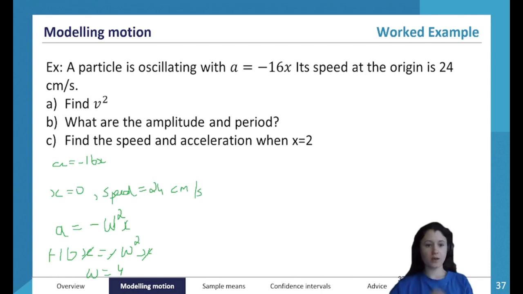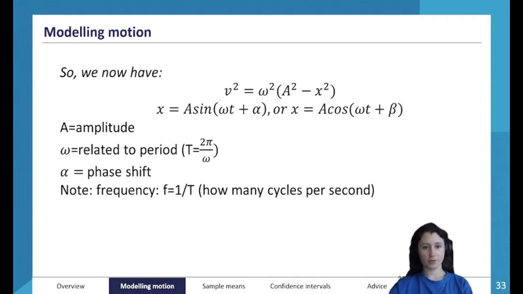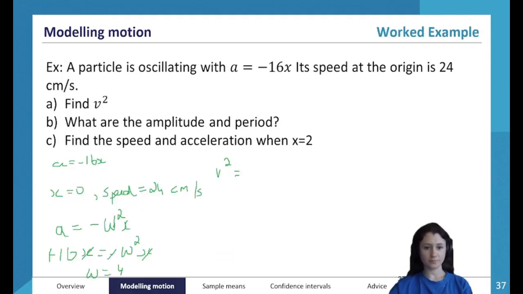So, the first part of the question asks us to find v squared. Let's go back to our formulas. We know that v squared is equal to angular velocity squared, a squared minus x squared. Right.